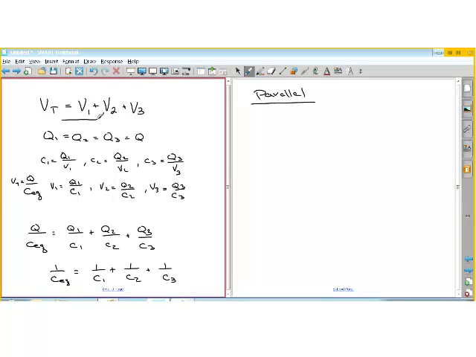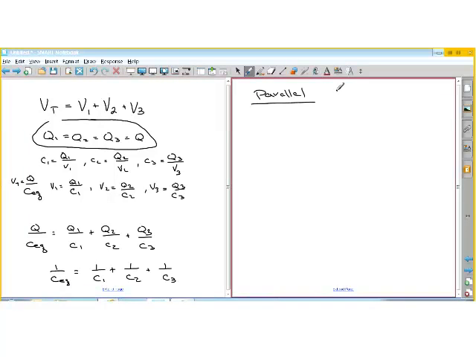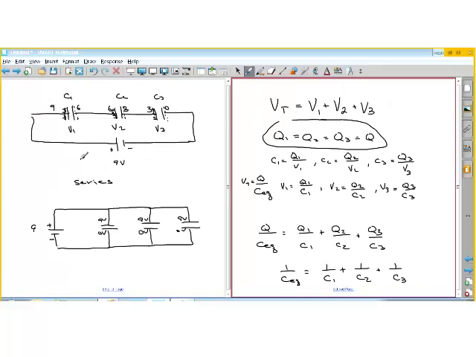So the key thing over here was this: the charge in each capacitor is the same. For parallel, V total, which is 9 volts in the case that we're looking at, is the same for all three capacitors. So what we can say is that the total amount of charge that's going to be stored on these capacitors is going to be this plus that plus that.